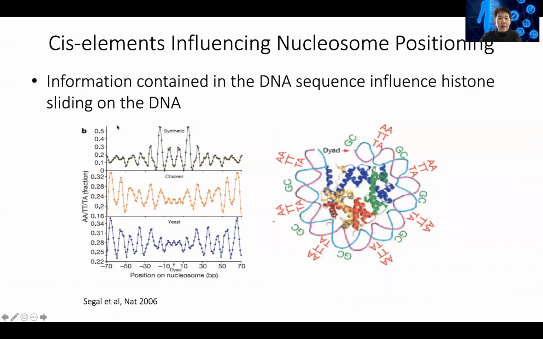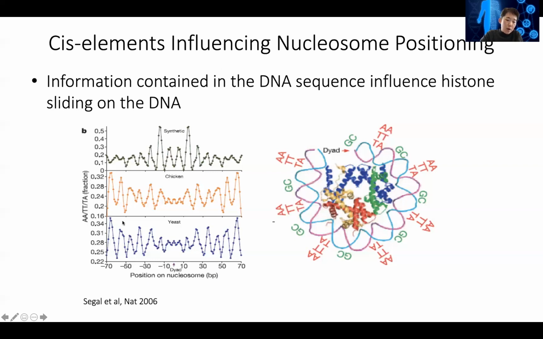The first is DNA sequence. People call this a cis element or DNA influence, which is like this. If you look across the genome for AA versus TT or TA sequence, and then compare it to the locations where you have either CC, GG, or CG sequence, across eukaryote genomes, you would see something like this, starting from yeast, then many animal species here, which will have this 10 base pair periodicity, which is the percentage of AA, TT, TA fractions.